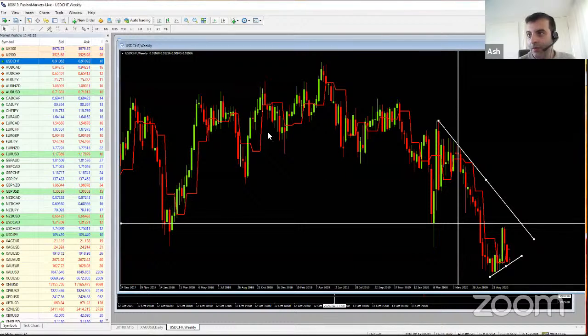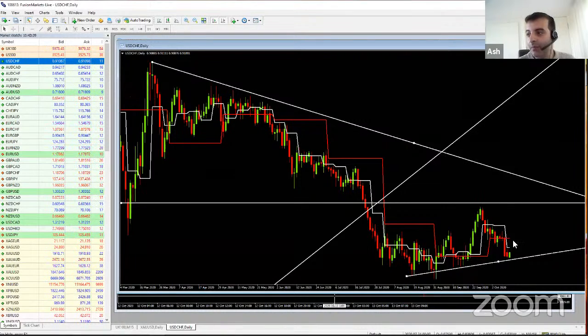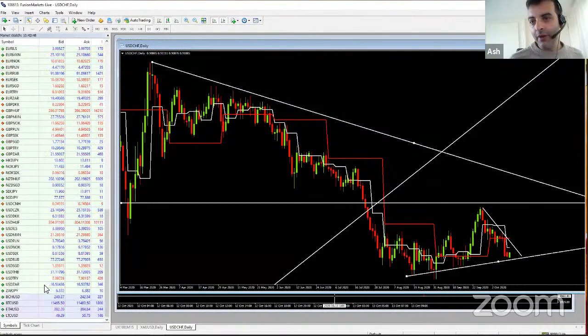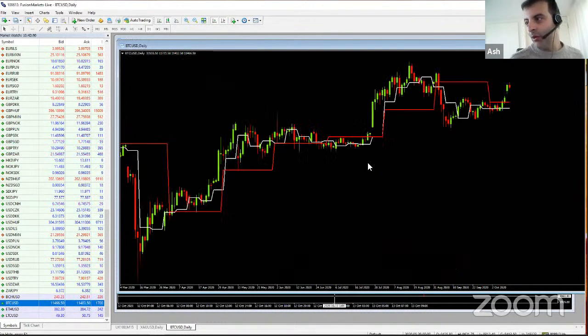So there's a few things to consider with the dollar that would suggest there could be a bit of strength in the dollar, and I may well take a dollar long as a bit of a hedge against the cryptos. Just as Shukri says, it's really amazing that Bitcoin and Ethereum look like they are holding up right now, even though we are seeing just a little bit of dollar strength.